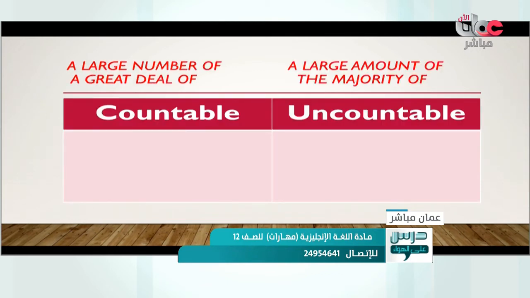A large number of, a great deal of, a large amount of, and the majority of. Most of them express a large amount. If you notice, most of them can be used for both countable and uncountable nouns.